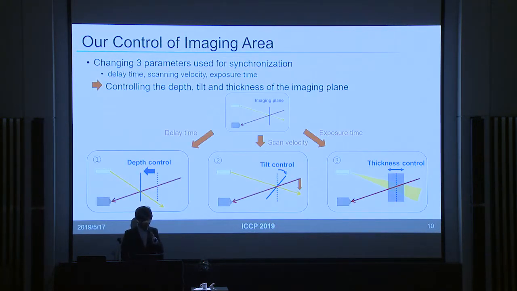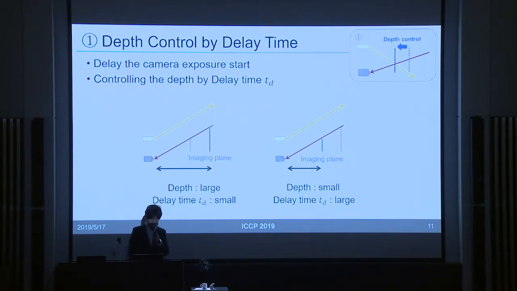In our method, we propose changing the depth, tilt, and thickness of this imaging plane using hardware parameters. Now, I'll explain each control in detail. We can control the depth of this imaging plane by the synchronization delay between the camera and projector.